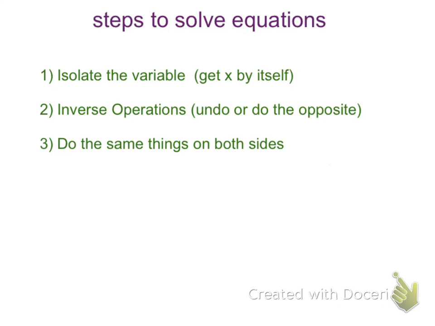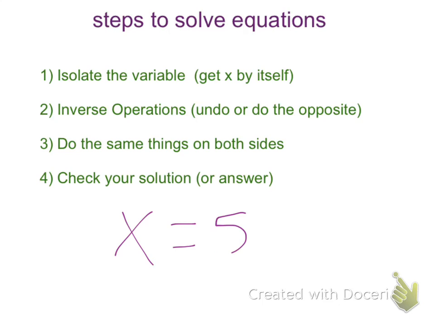The fourth step, you just need to make sure you are checking your solution. In this case, the solution means your answer. For example, if you get your answer to be x equals 5, you need to take 5 and substitute it in for x.